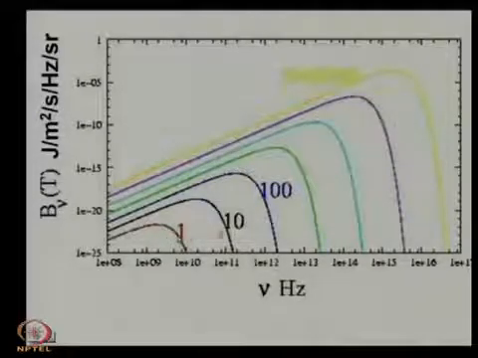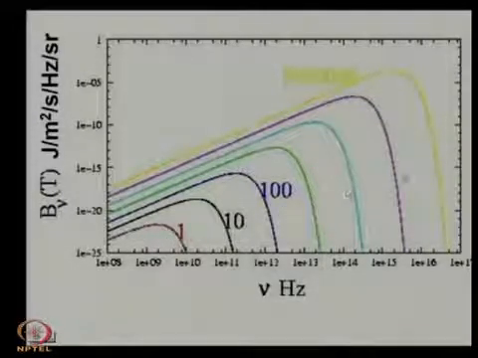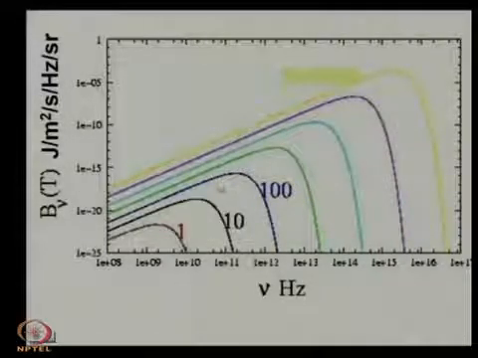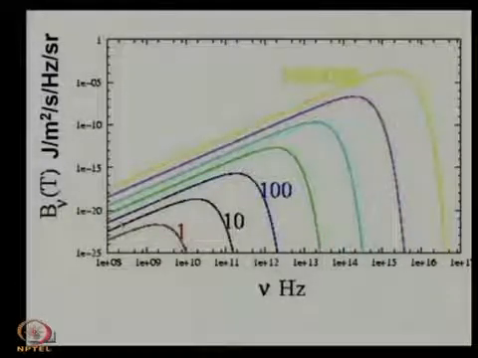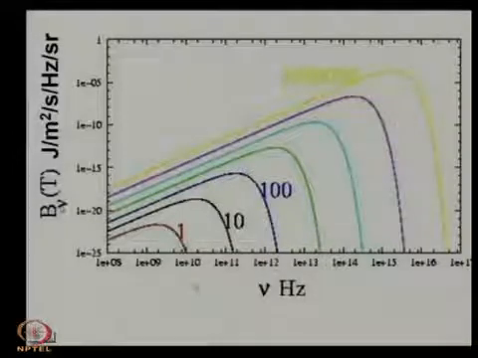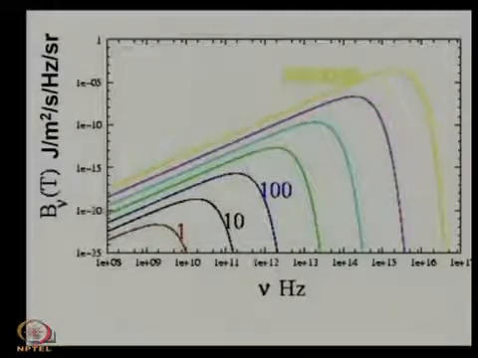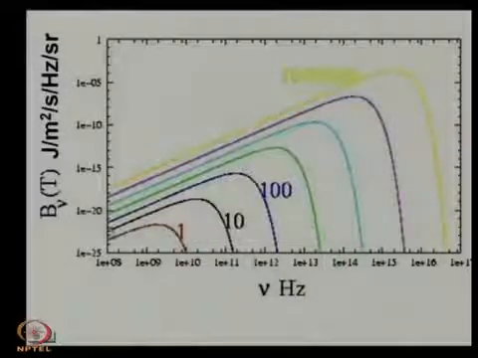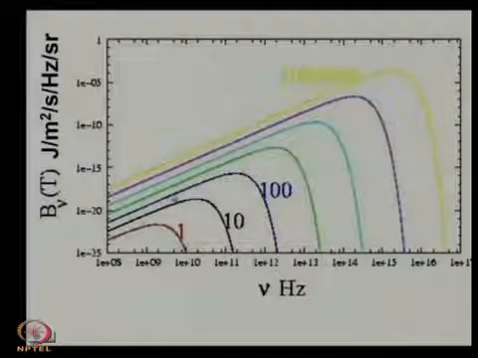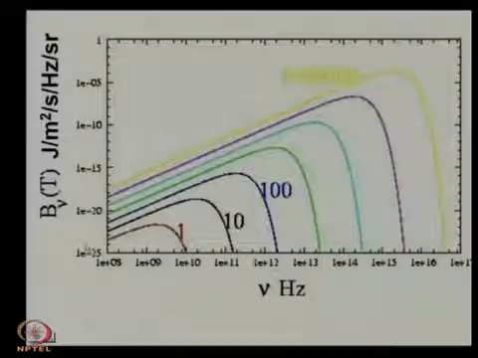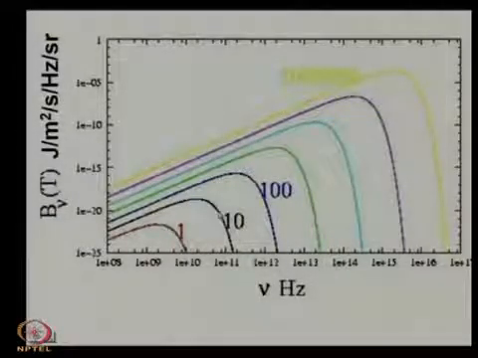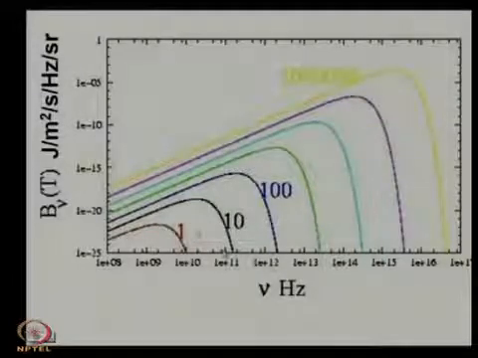This is for 1 Kelvin, 10 Kelvin, 100, 1000, all the way to a million. At low frequencies, this is a log scale, so both intervals are logarithmically spaced, it is proportional to nu squared, and then it increases, there is a maximum somewhere, and beyond which it falls off exponentially. The exponential cuts it off.